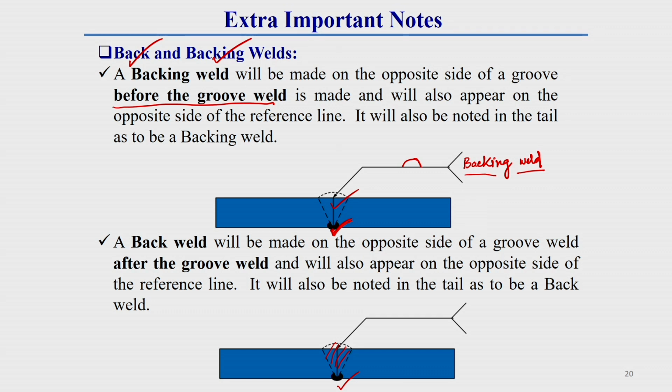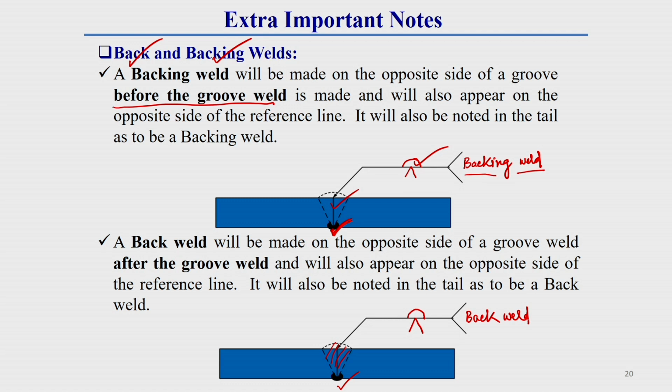Now, for back weld also, similar things we have to do. Here this is the backing weld, and on this side we did the groove weld. The symbol of the back weld is similar, except at the tail we have to write back weld.